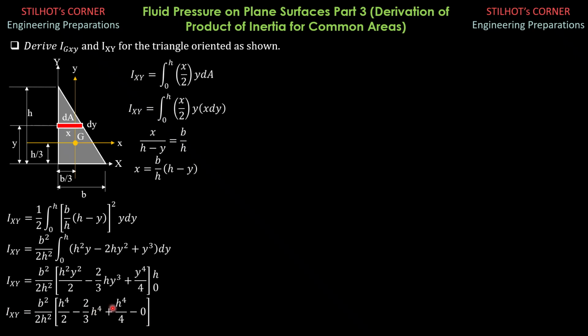So using the calculator, Ixy equals b squared h squared over 24, positive, and you're going to be familiar with that. It is positive because the area lies in the first quadrant, and both the x and y coordinates of the centroids are positive. So that's the reason.